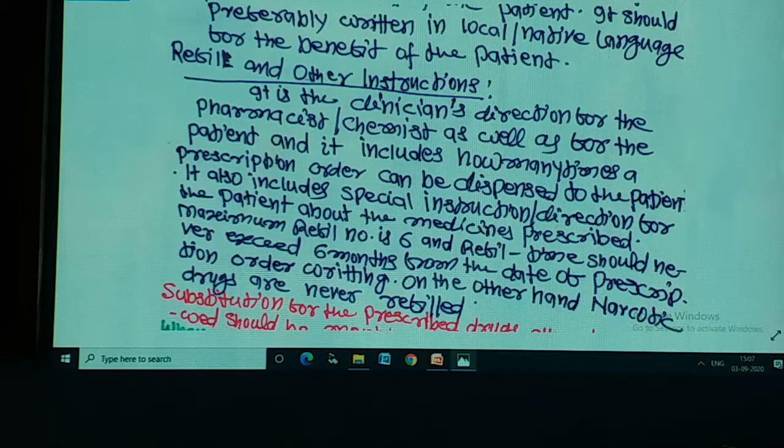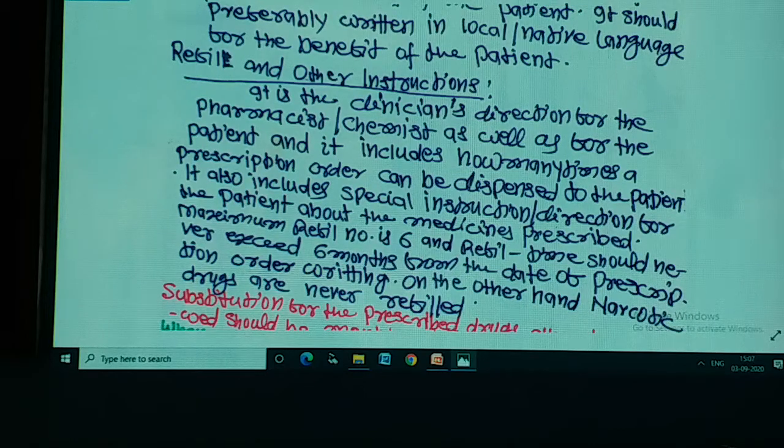It also includes a special instruction or direction for the patient about the medicines prescribed. Maximum refill number is 6 and refill time should never exceed 6 months from the date of prescription order writing.